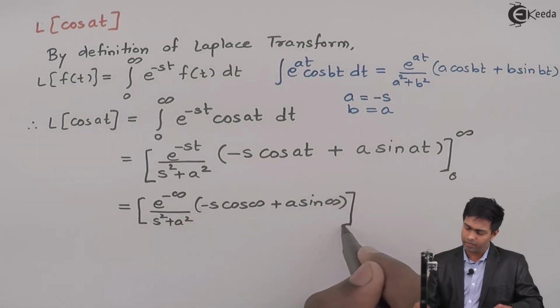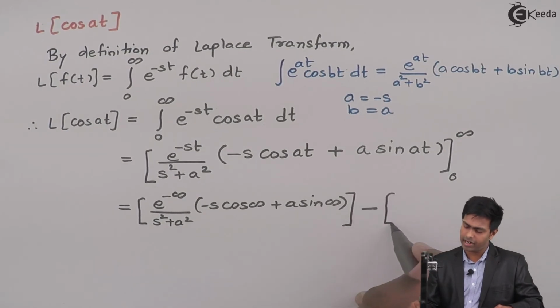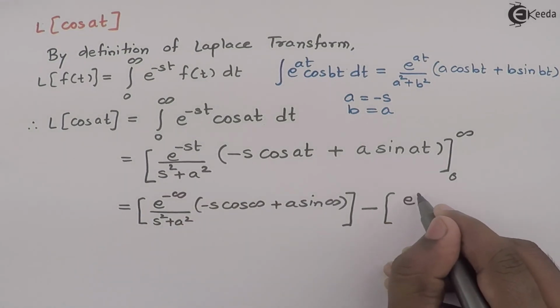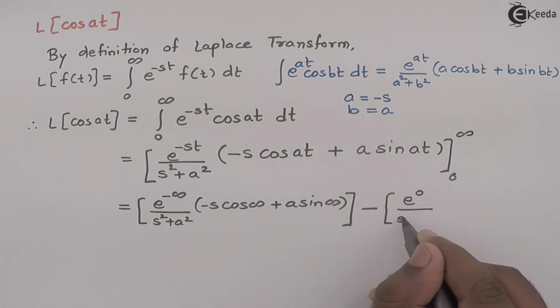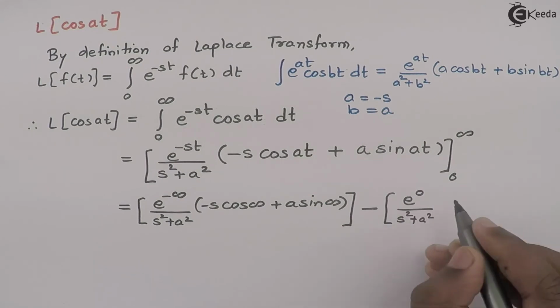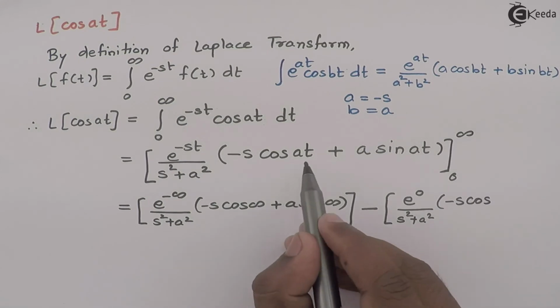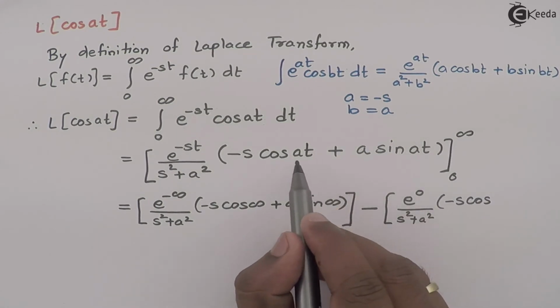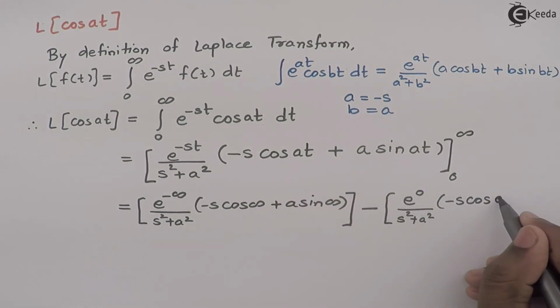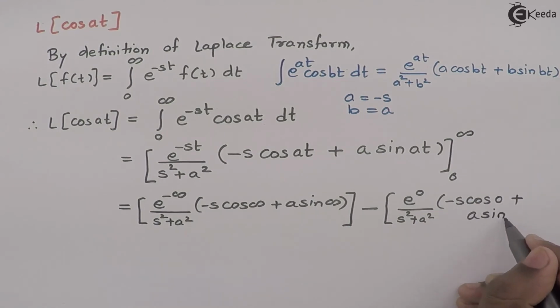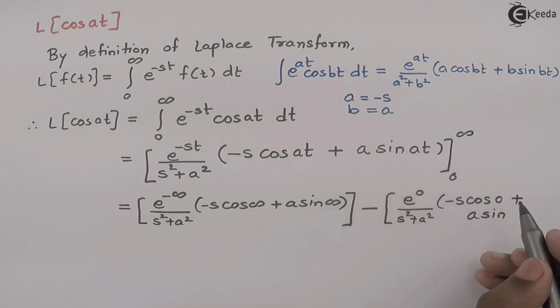After that, a negative sign, and now we'll substitute the lower limit. The lower limit is 0. So this will become e raised to 0 upon s squared plus a squared into minus s cos of, now t is 0, so 0 into a is 0, plus a sin of 0 into a, again 0.